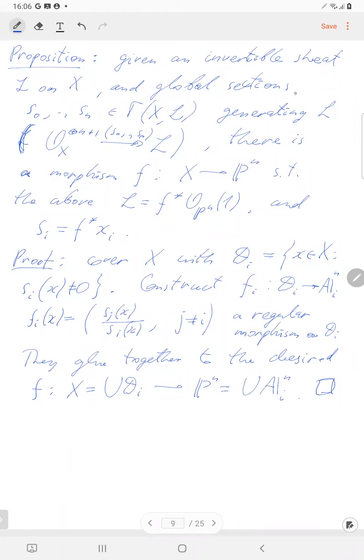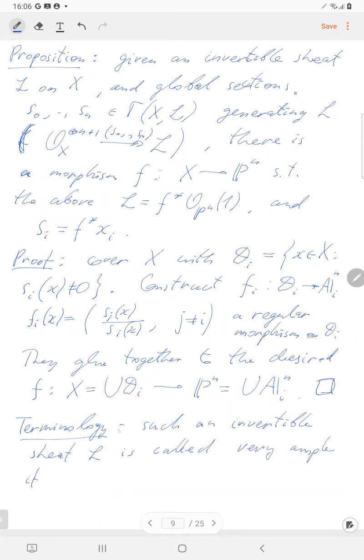Let me say one word of terminology. Such an invertible sheaf L is called very ample if F from X to P^n is a closed embedding.